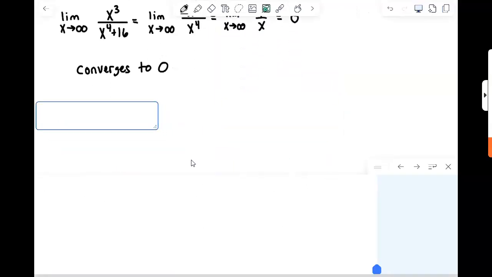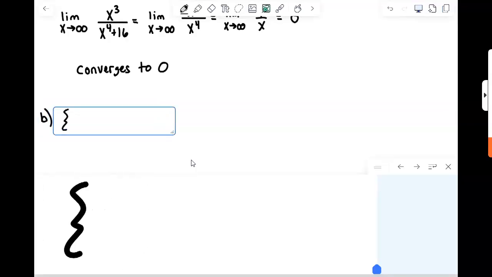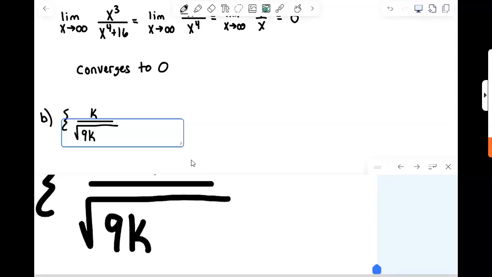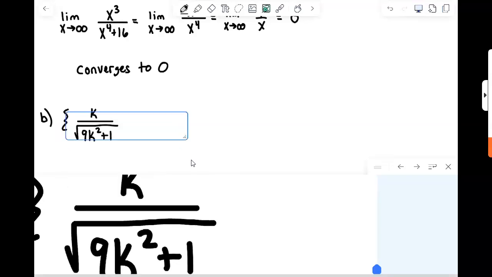Let's look at a second example here. Very often we will describe sequences by their formula, as we're doing here. So here we have k over square root of 9k squared plus 1.